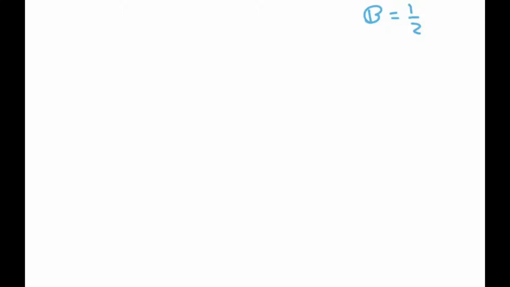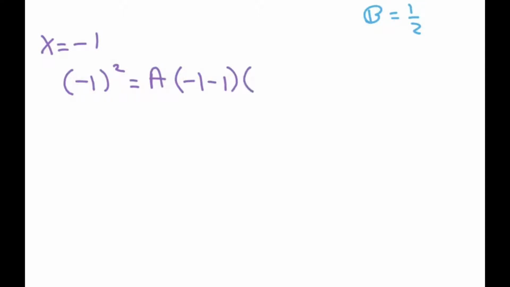So now we're going to go ahead and let x equal negative 1. So you get, let's write it out, negative 1 squared equals A times negative 1 minus 1 times negative 1 plus 1. And then you get plus B, negative 1 plus 1 plus C times negative 1 minus 1 squared.